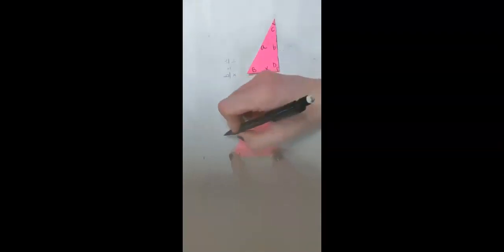So we could do h, which is this side length, over x. And that should equal, and you could choose any other side, let's go this side, b over a. Okay, so there are many proportions you can write. Using our prior knowledge on similar triangles, we know that we can write many proportions.